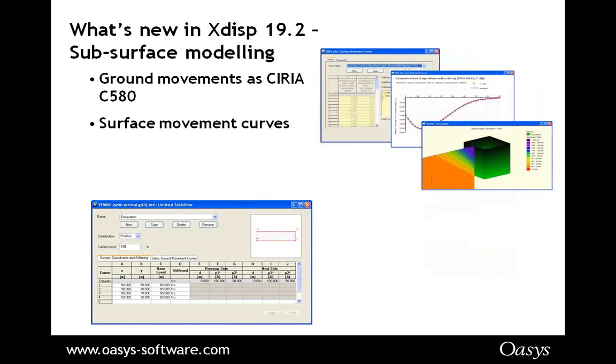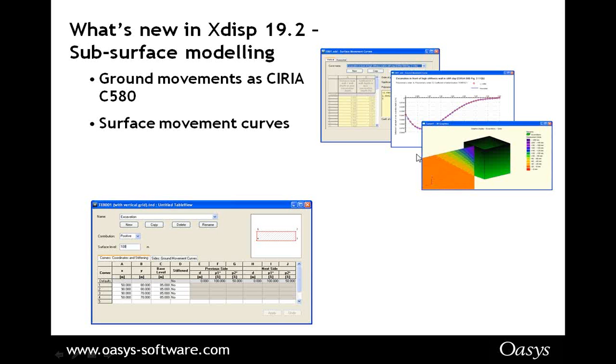Another thing that's new in ExeDisp, and this is much more significant to embedded retaining wall design, is that it more accurately models subsurface movements. Initially, as I previously mentioned, ExeDisp calculates the surface movements based on the curves given from empirical design, and at the base it assumes that there is zero movement.